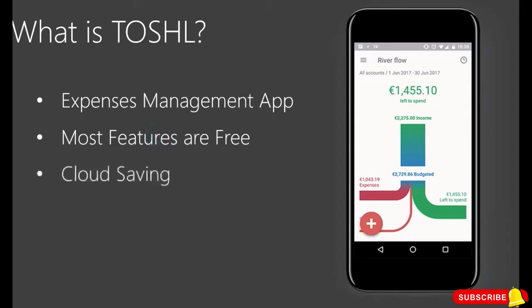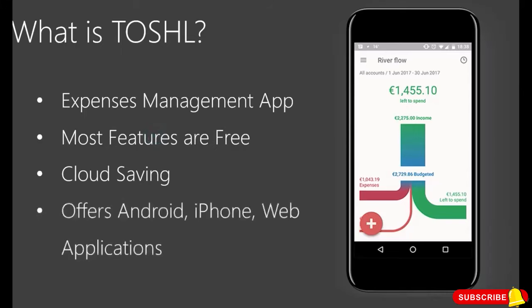What makes Toshel so special is the cloud saving feature, and that means everything is stored in Toshel servers. You can access your account from anywhere and using any device or platform: Android, iPhone, or a web application.